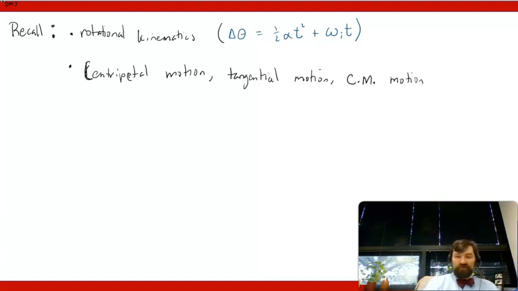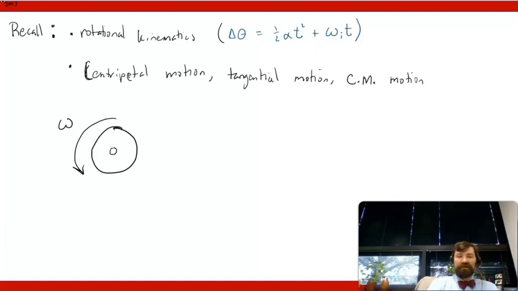So I'm going to draw a little picture here. Let's say that this is a wheel that is spinning about an axle, but it's off the ground. So maybe it's like a bicycle that's been flipped upside down to put away for the day on a rack or something, and the tire is just spinning around like this.